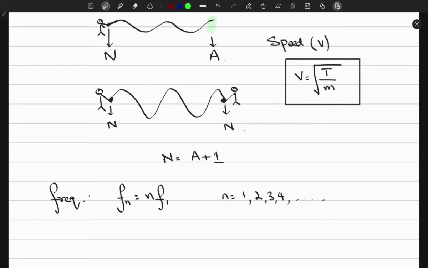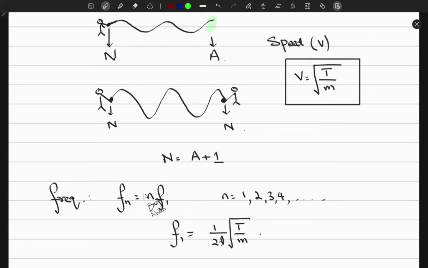F1 is the lowest, or fundamental, frequency at which the first standing wave is produced, and it is given by F1 equals 1 over 2L, where L is the length of the string, times the square root of the tension in the string divided by the linear mass density.